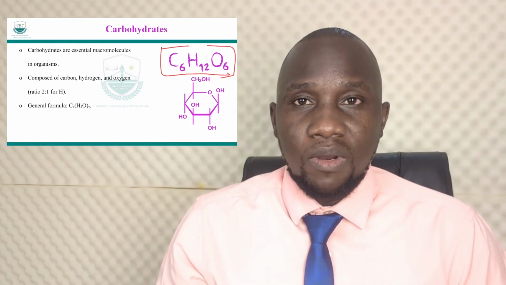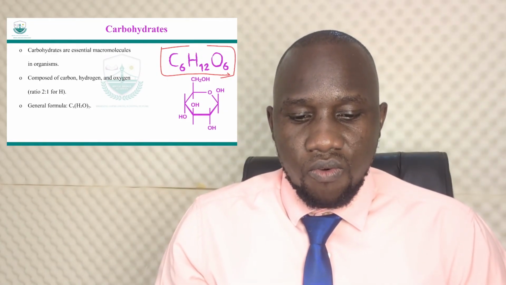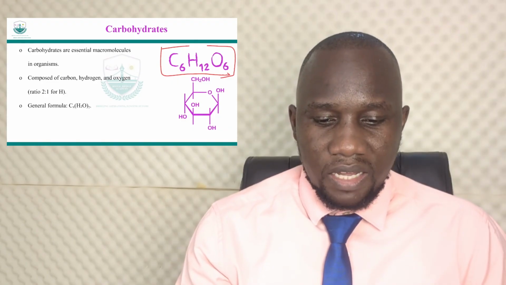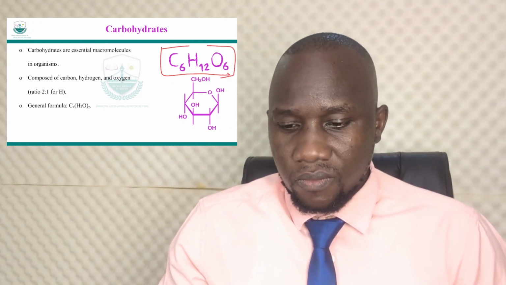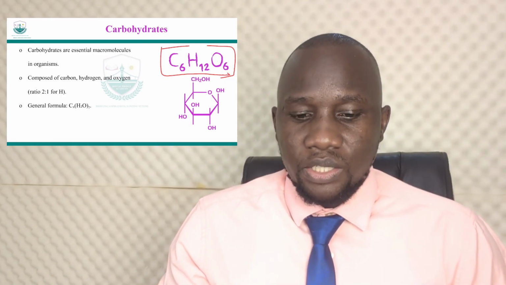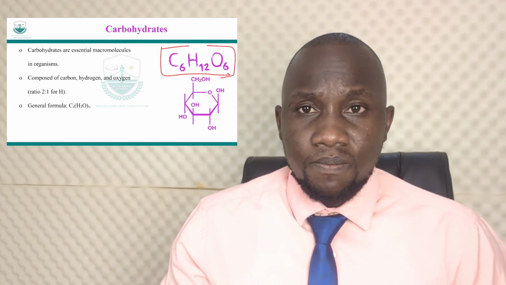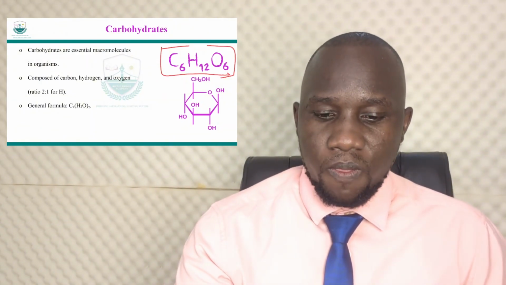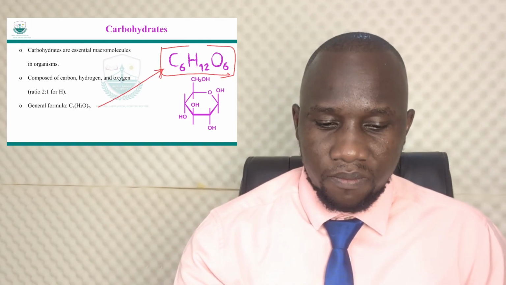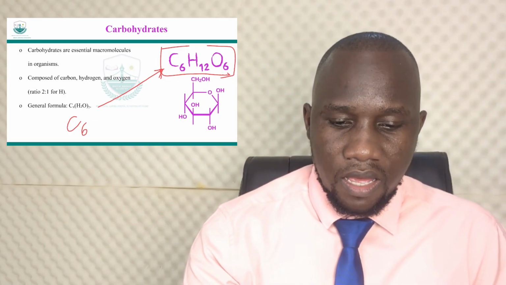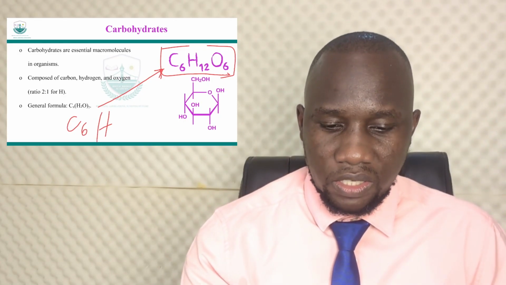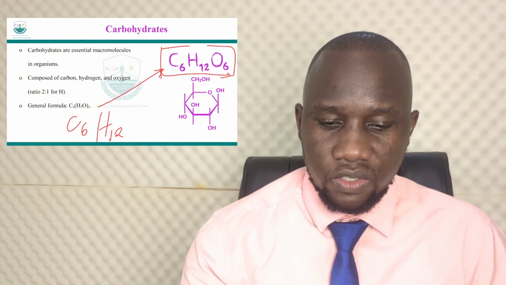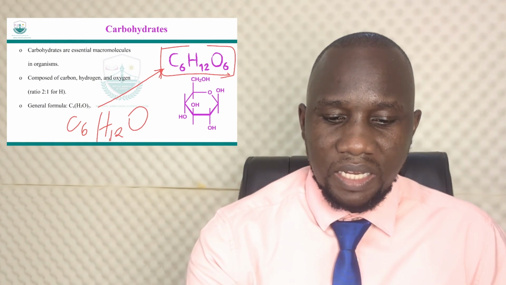So the general formula for carbohydrates is that you have C, then X, and then the Y. That means that if you have X as 6 and also Y as 6, you get C6, and then since this Y is also 6, you get 12, because we are multiplying this 6 times 2.